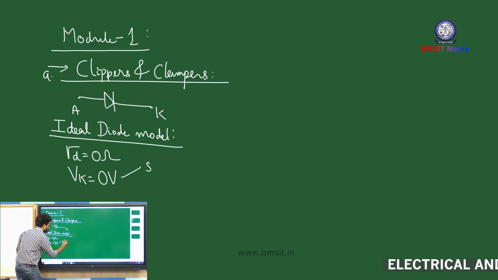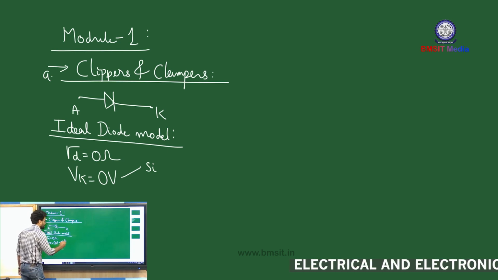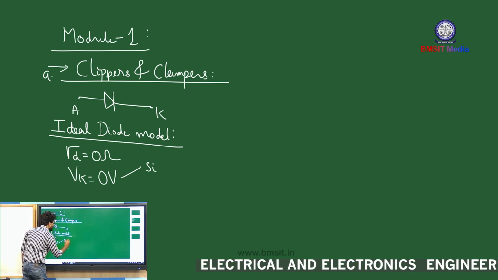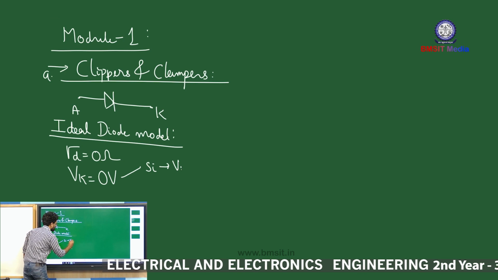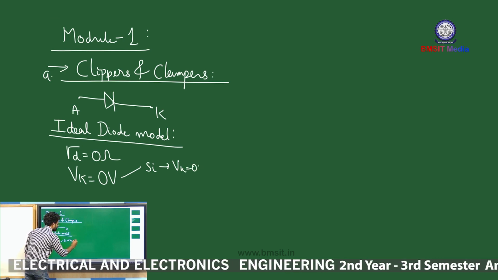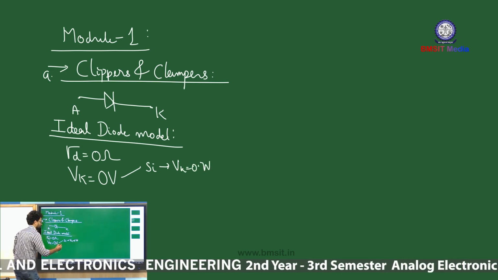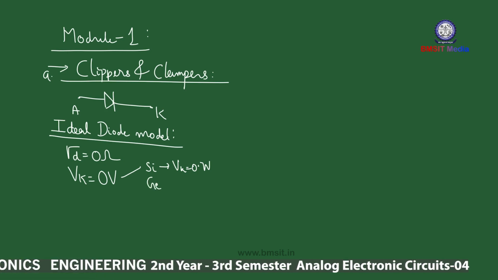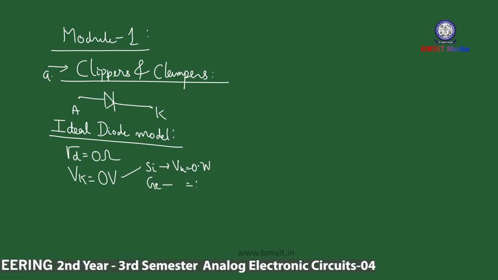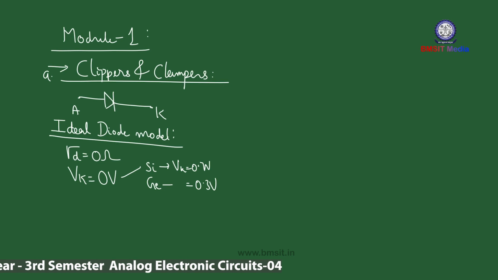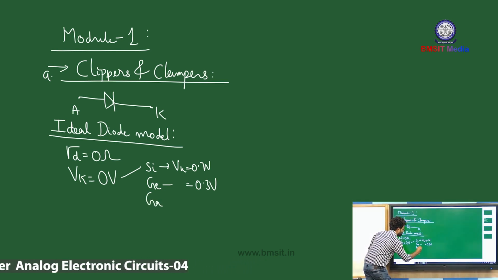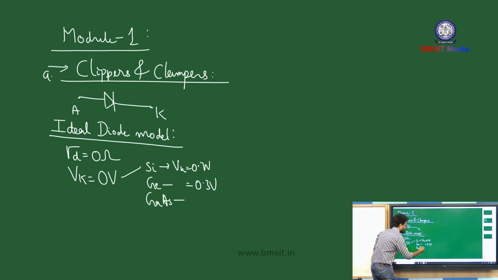For a silicon PN junction diode, the value of Vk is equal to 0.7 volt under room temperature, for germanium it is 0.3 volts, and for gallium arsenide it is 1.2 volts.